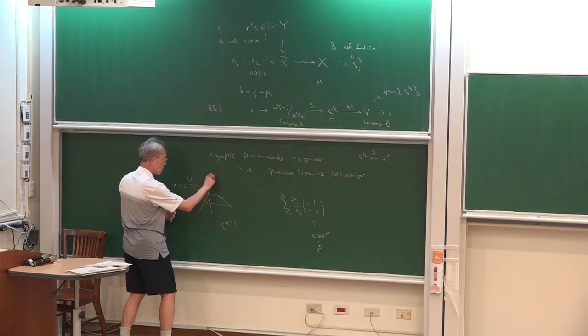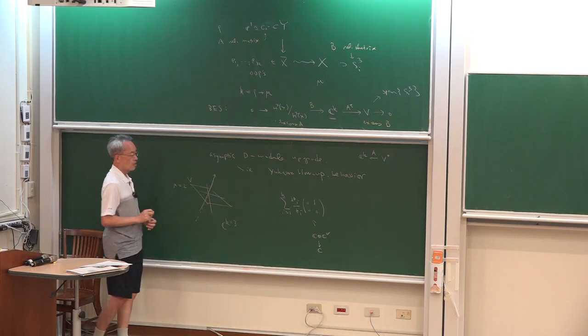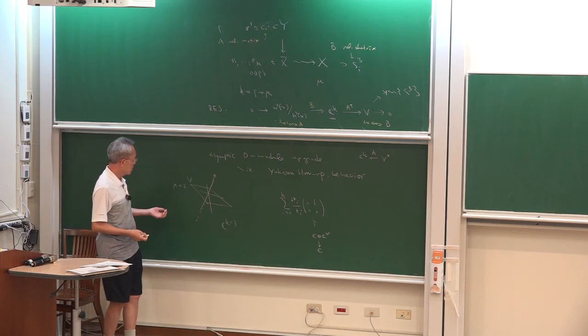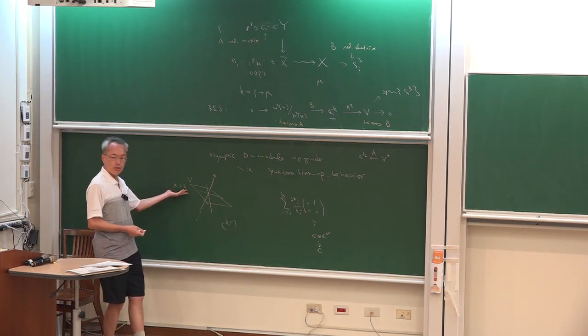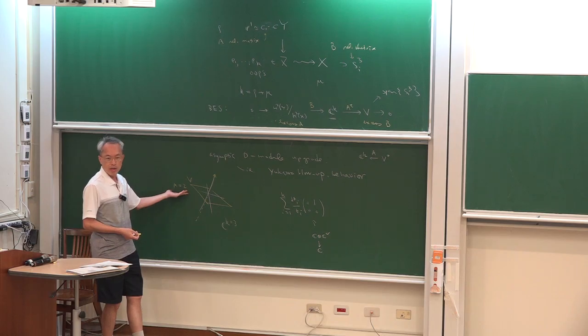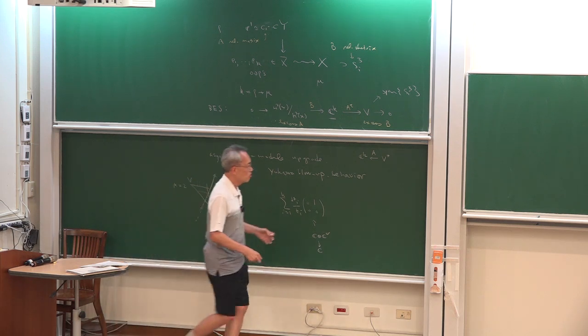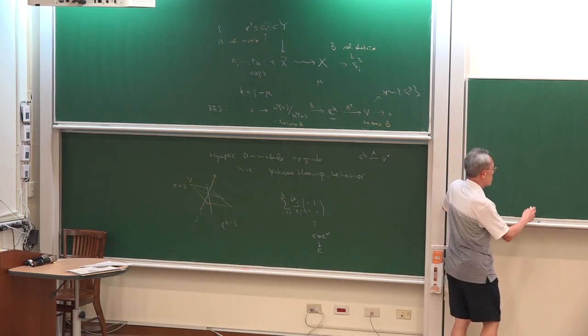So you get some vertical line there. And then what you see is you get a two-dimensional, codimension 2 discrete locus in your Calabi-Yau moduli. So remember we draw the picture like this.